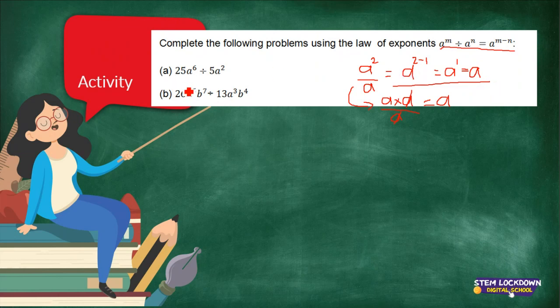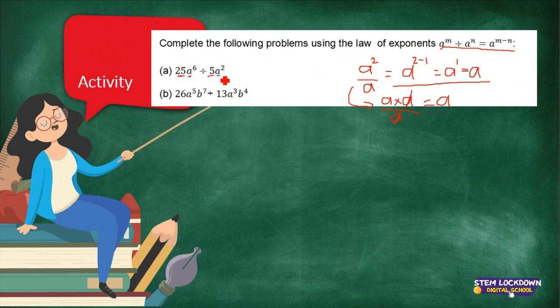Okay, for the first one, 25a to the power 6 divided by 5a to the power 2, right? Now here the clue is, if I do this one, I'll give learners an opportunity to work through it first. I'll first divide the numbers by themselves, then we'll divide the variables by themselves.